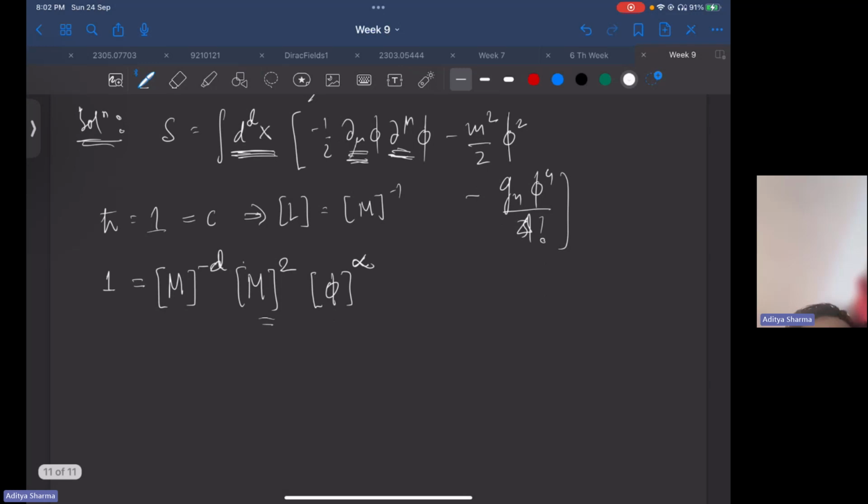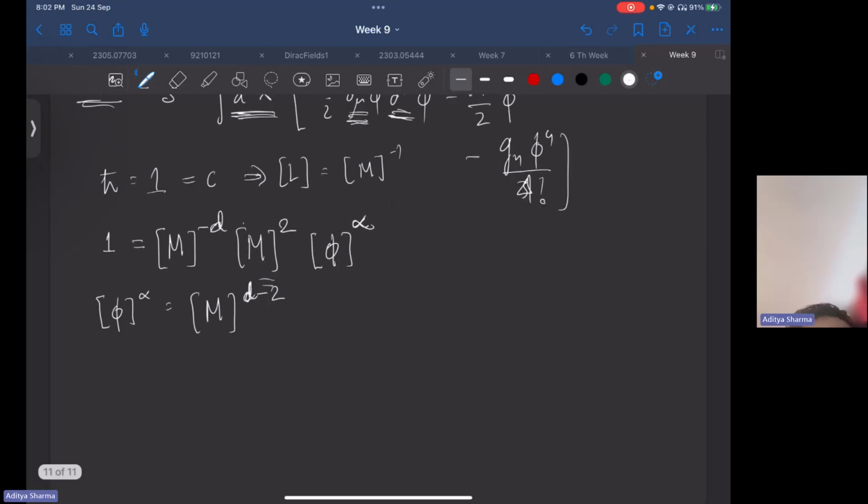Alpha is the dimension of the field. So then m to the power alpha is equal to m of 0, minus d by 2. You invert it, so you're going to get d minus 2. So this is the dimension of your field.